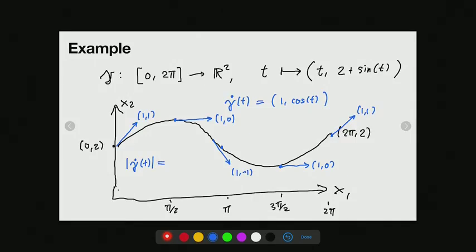Remember, the speed is the magnitude of the tangent. So we have the square root. We just take the tangent vector and compute the magnitude, the length of the vector, and we get the square root of 1 plus cosine squared of t.